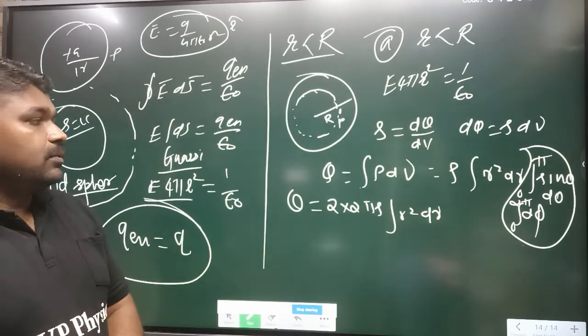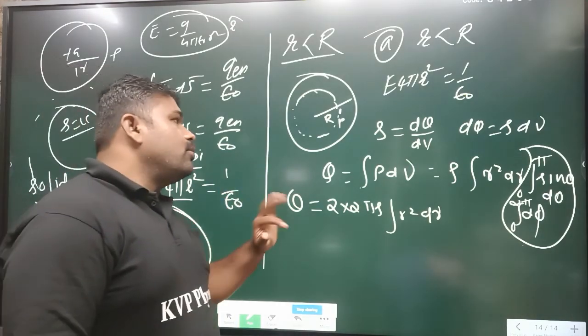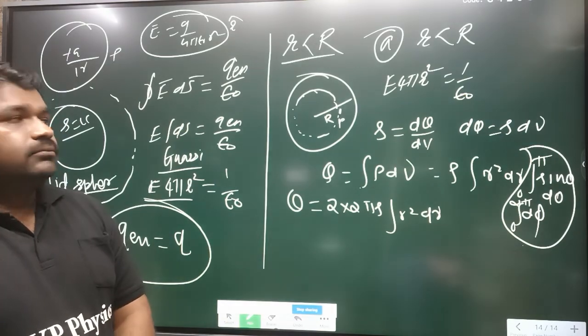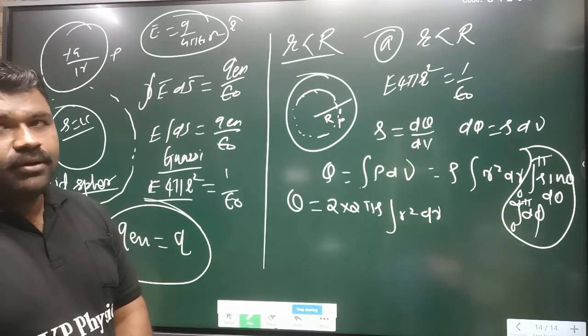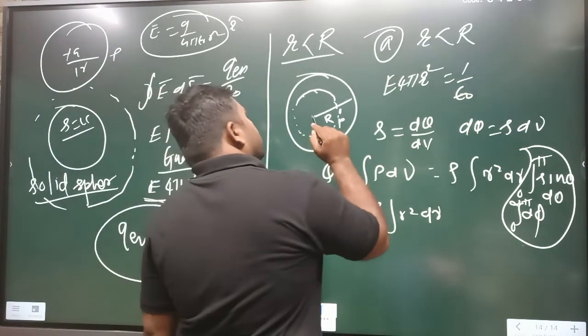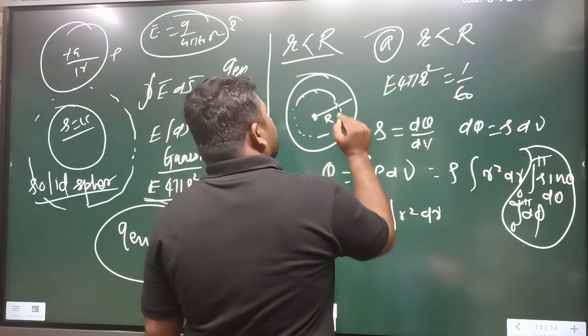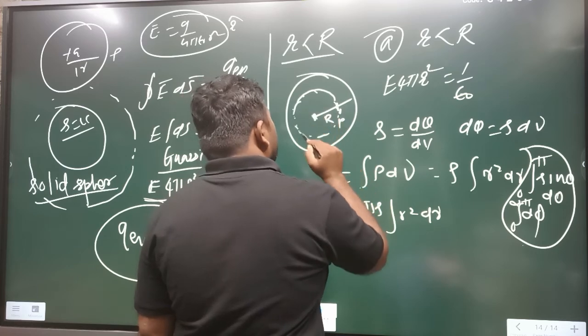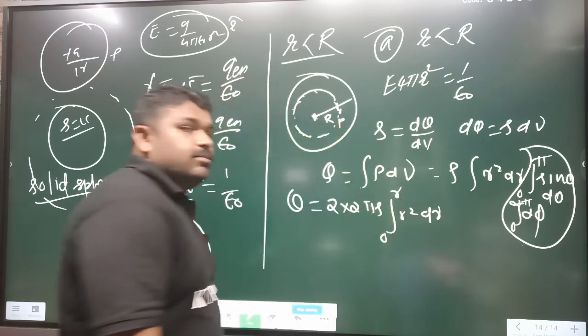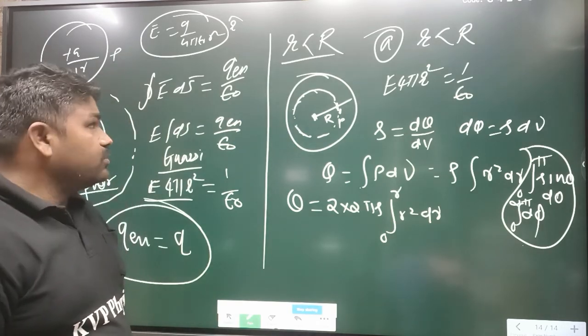This charge is enclosed up to how much radius? The Gaussian radius, not the body radius. This charge is enclosed from 0 to this point, so the limit is 0 to small r.